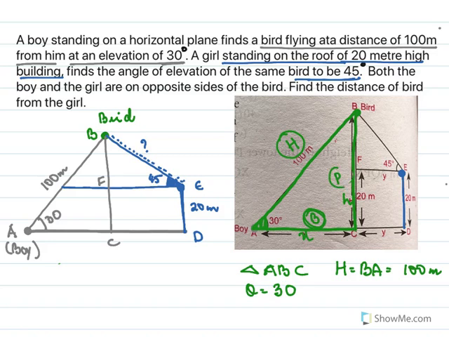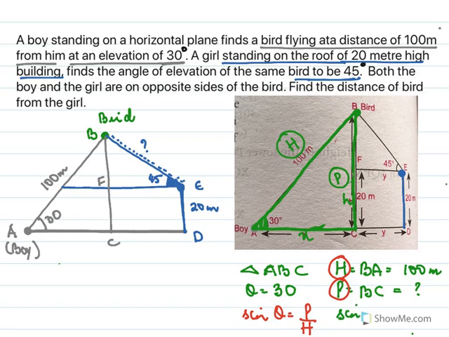And I'm going to take perpendicular, not even base, because I don't need the base. I'm going to take perpendicular. And the perpendicular is BC, which I don't know. So I start with not tan theta, but hypotenuse and perpendicular, sine, perpendicular over hypotenuse.